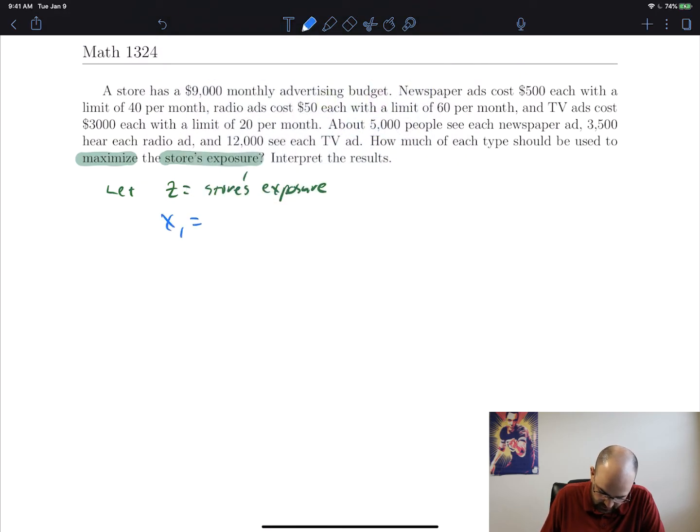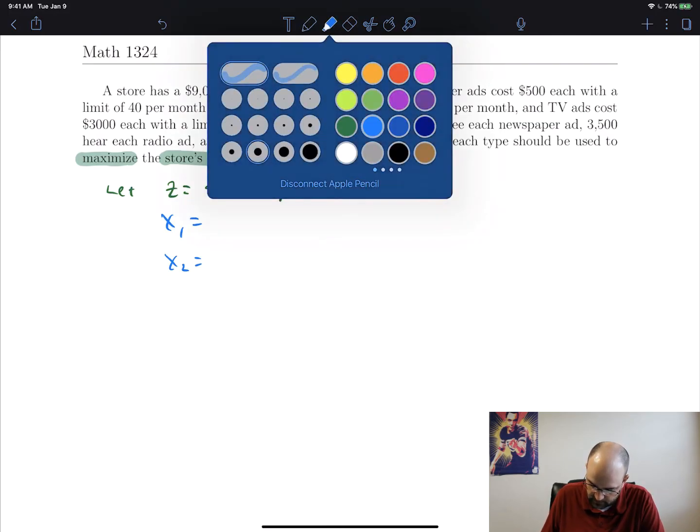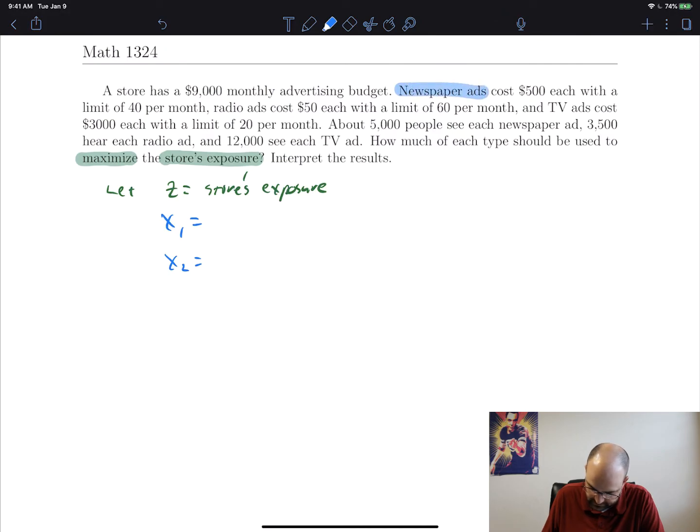But we also have a couple of variables: newspaper ads, radio ads, and TV ads. So we actually have three different variables.